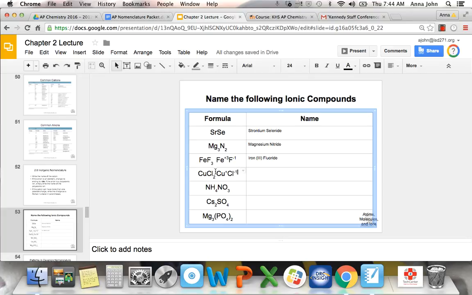Okay. So now we need to take this 2 and we need to bring it back up. And that is going to go to our copper. So basically, we're undoing our crisscross to find the charge on our transition metals. So to write this, we need to do copper in parentheses 2 and then chloride.